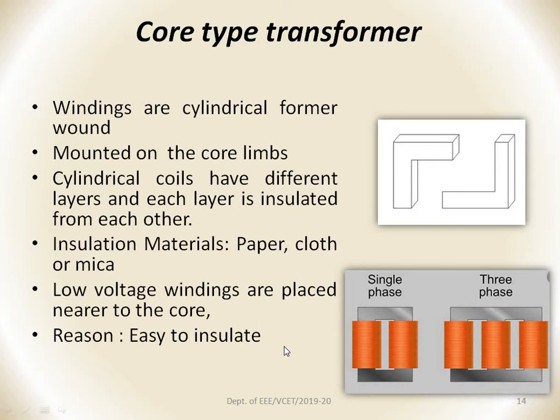The reason we place the LV, that is low voltage winding, near the core is that it is easy to insulate. So for easy insulation only, the LV winding is placed near the core. Over this L-shaped structure, at both the ends we will be winding the primary and secondary winding. This forms the core type transformer.